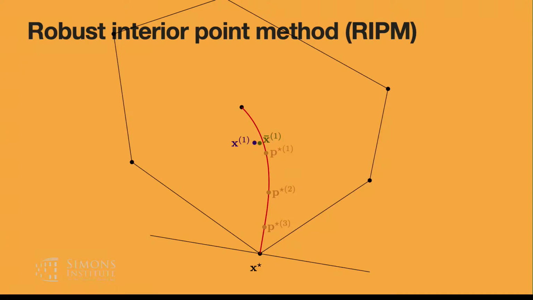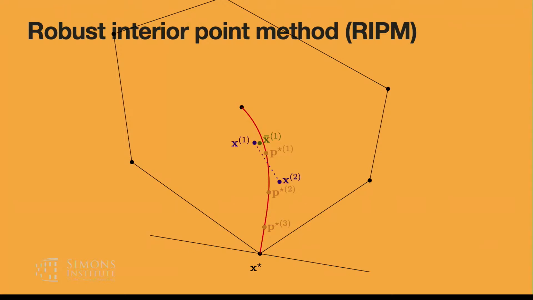In the regular interior point method, we would use x1 to calculate the direction to go in order to get closer to p star 2. But with the robust interior point method, we use x bar to calculate the direction we want to move in. What happens is that because we're using the information at x bar instead of at x, we could take bigger steps that bring us further away from the central path.